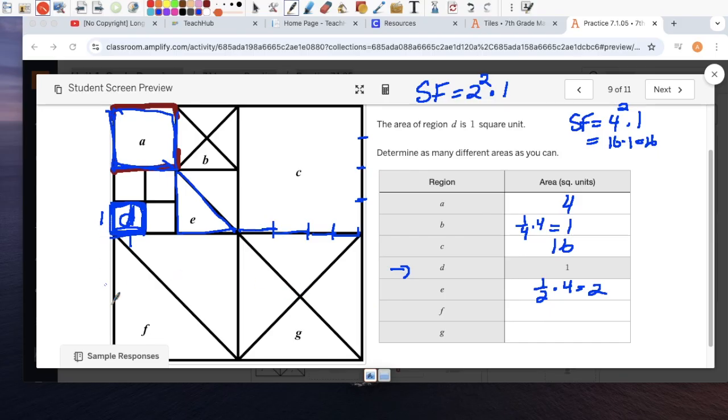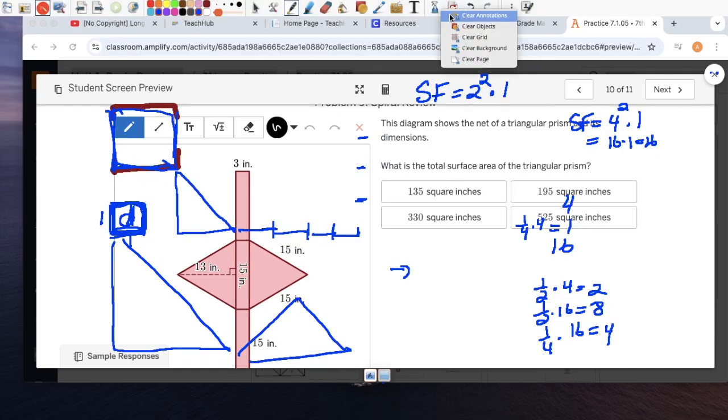F, which is right here, is half the area of C. C was 16, so half of 16 is 8. And G is 1/4 of C. 1/4 of 16 gives us 4. All right, pretty nice problem.